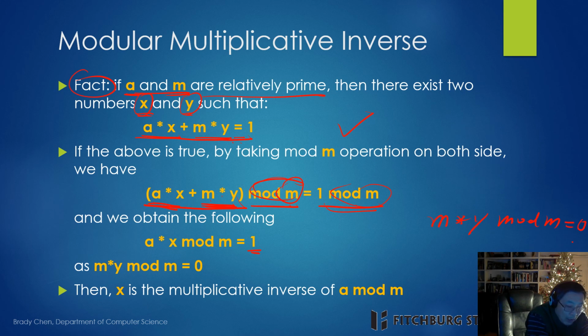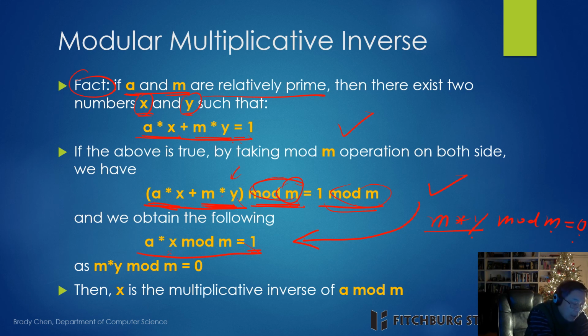Because when m times y is divided by m, you get a quotient of y and remainder 0. So the second term disappears when you do the modular operation, and the statement becomes a times x mod m equals 1.